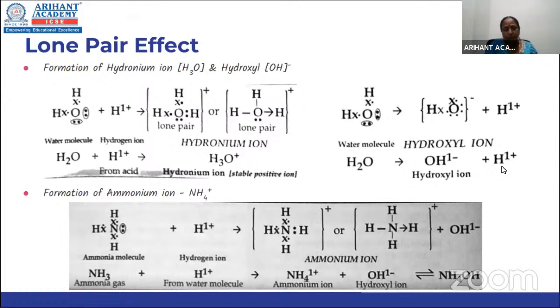Either you can write 2 dots for the electrons of oxygen and then an H and a brace bracket with a plus, or you can show an arrow, which is the symbol for coordinate covalent bond. The arrow here represents the coordinate covalent bond, which is telling you which atom has given 2 electrons to which atom. So that arrow is indicating that oxygen has supplied 2 electrons to hydrogen.